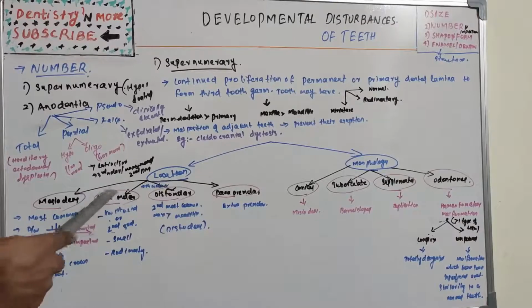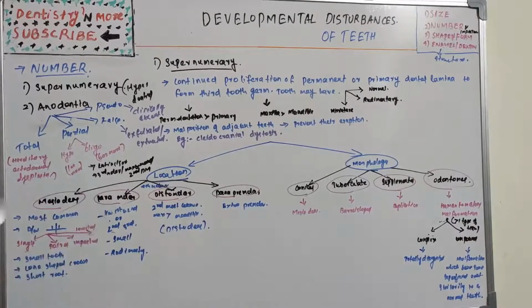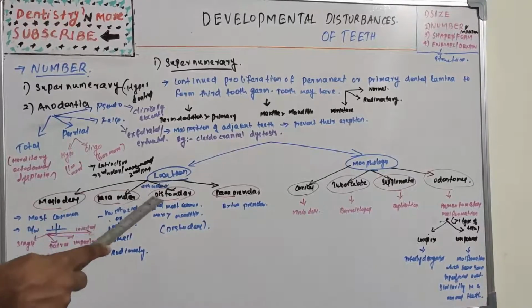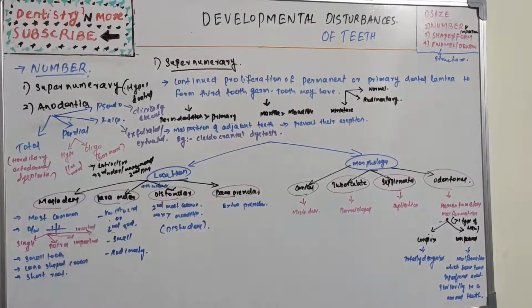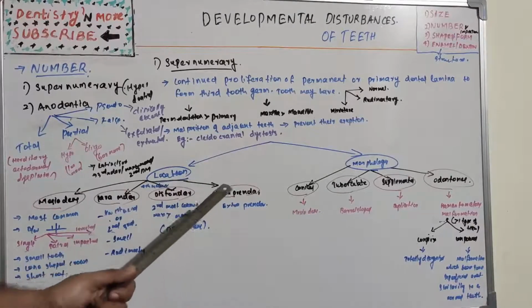And also there could be a paramolar, that is just an additional molar, not exactly at the distal position of the third molar. It could be between first and second molar, or between second and third molar. It will usually be small and rudimentary. So distomolar and paramolar, and also premolar.